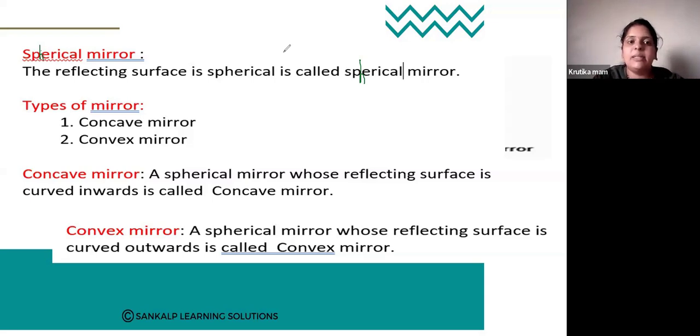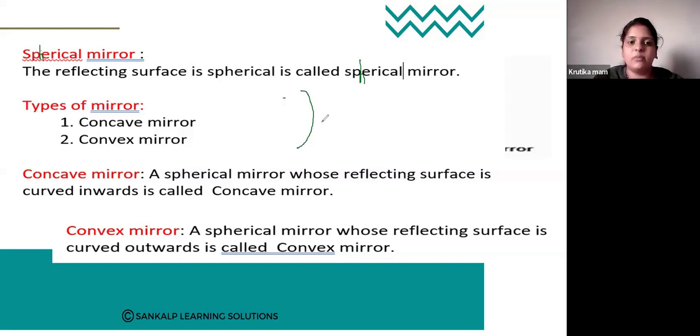So in the exam, how do you write the concave mirror and the convex mirror? See the definition: a spherical mirror whose reflecting surface is curved inward. Those mirrors are called what? Concave mirrors.